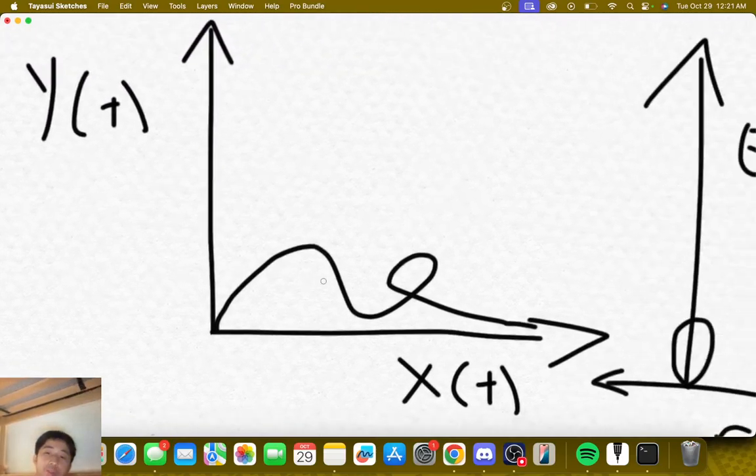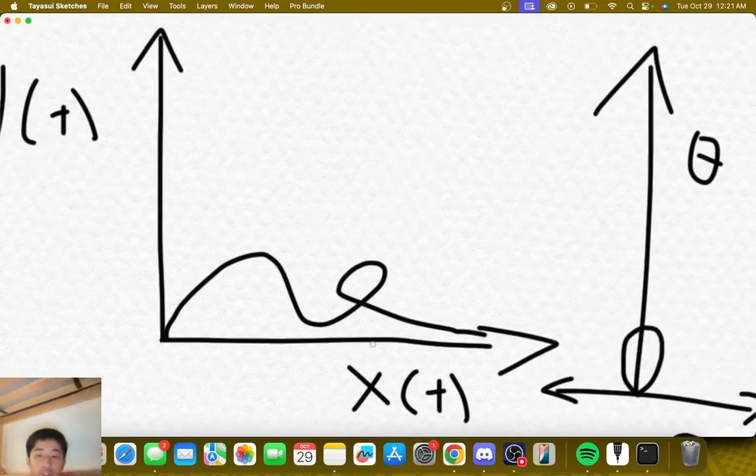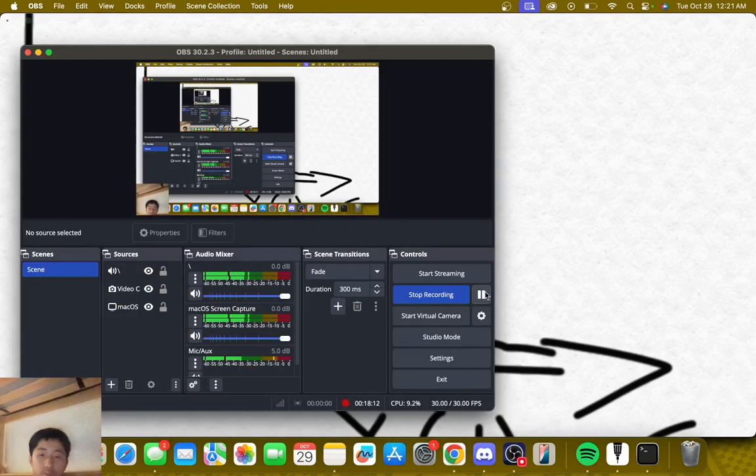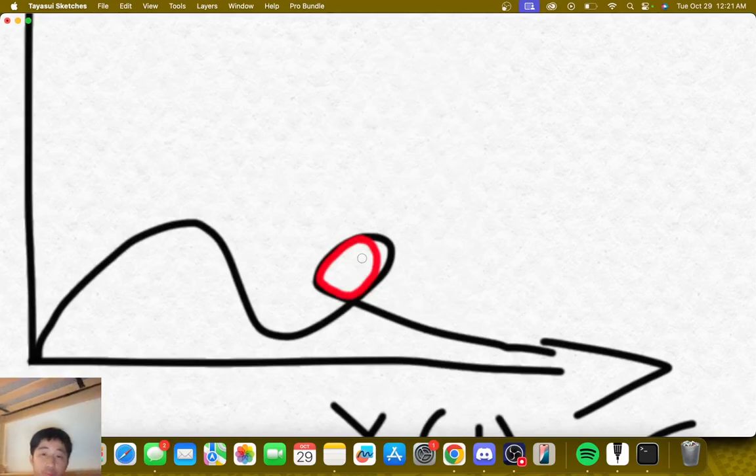Okay, same logic here. Say you wanted the arc of this entire thing, and it's given that this entire thing happened between t1 and t2.